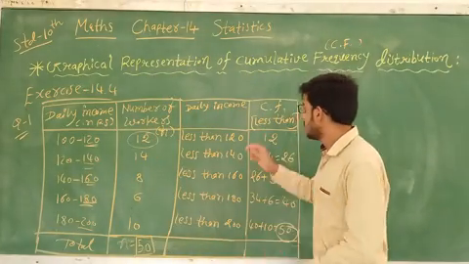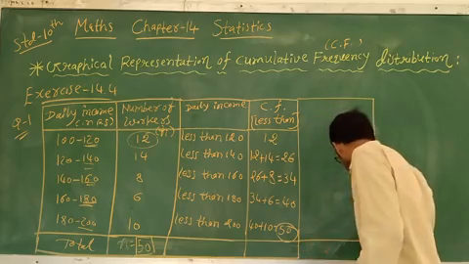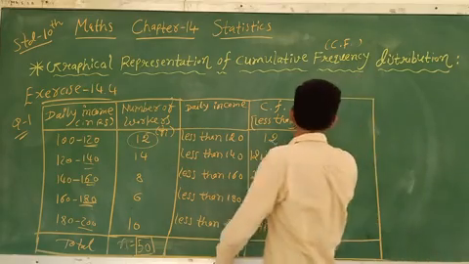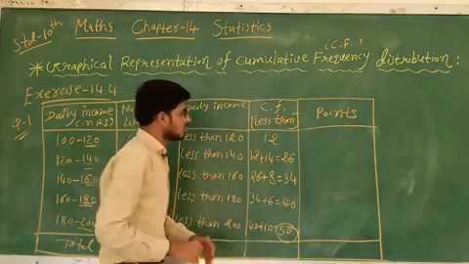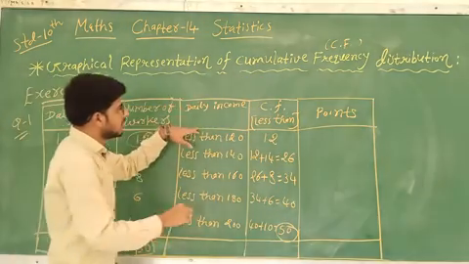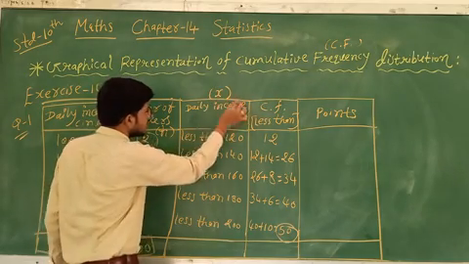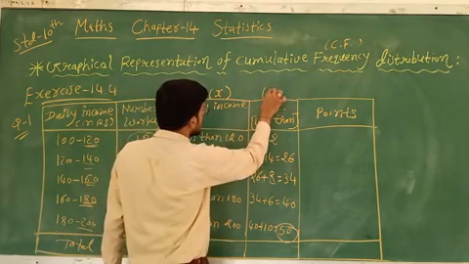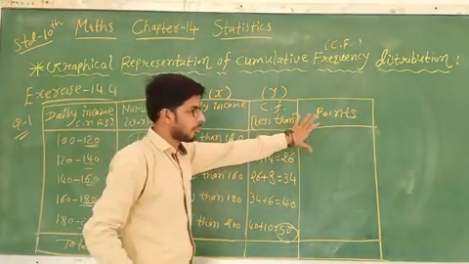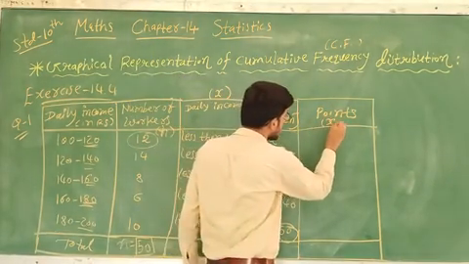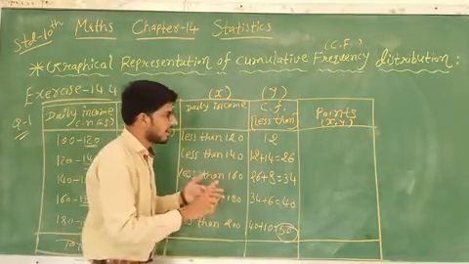So we will make the next column, points. Here we have the x-axis, x coordinate, and y-axis, y coordinate. So we write the points in the form x, y. First we write the x coordinate and then the y coordinate.